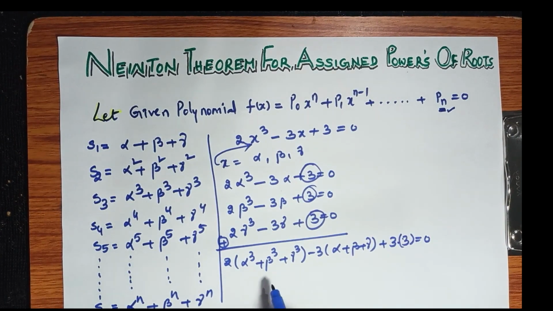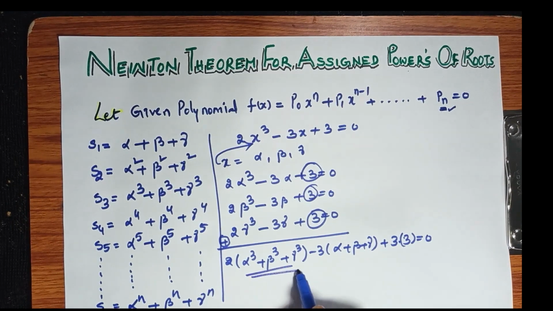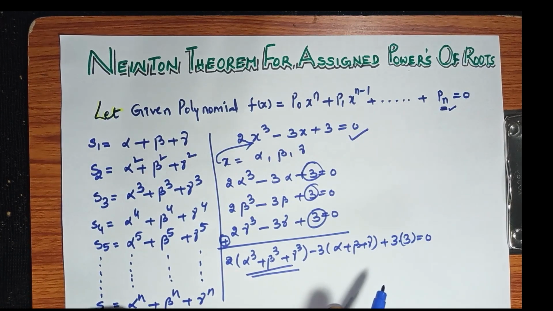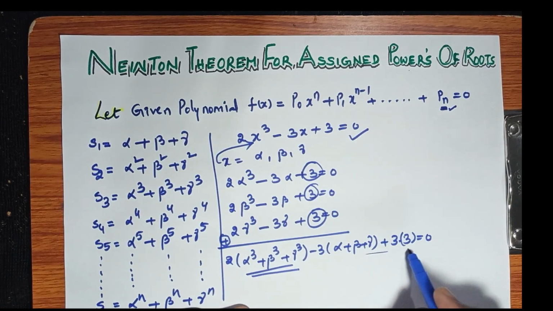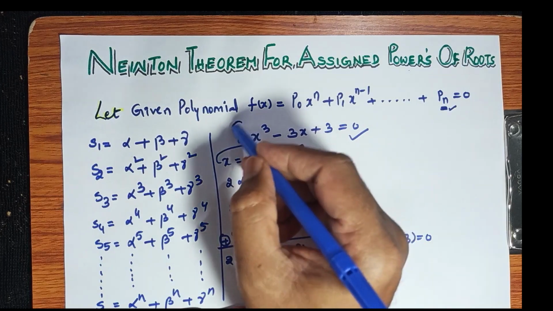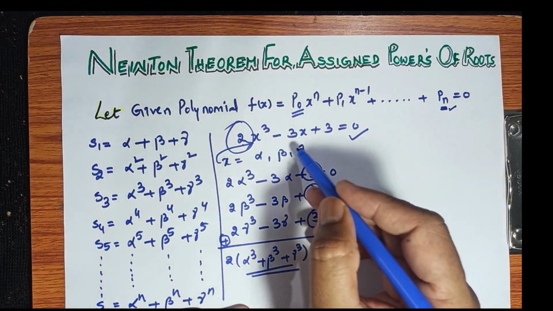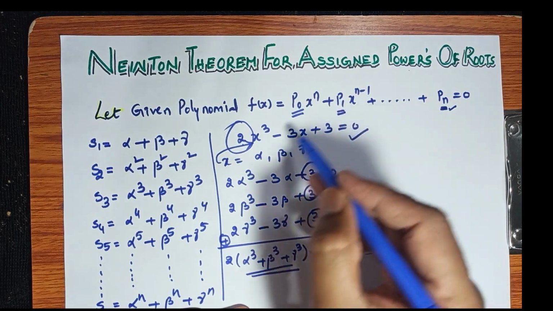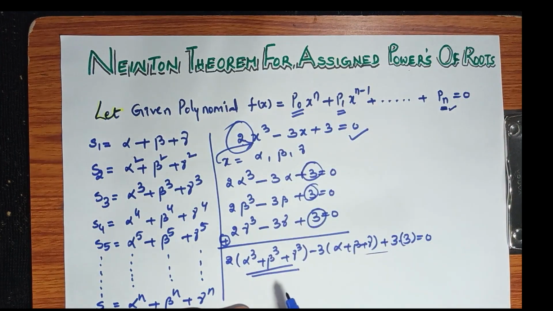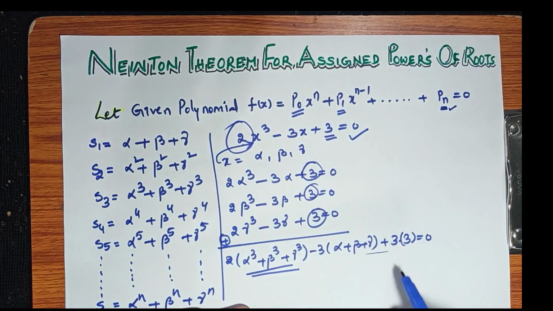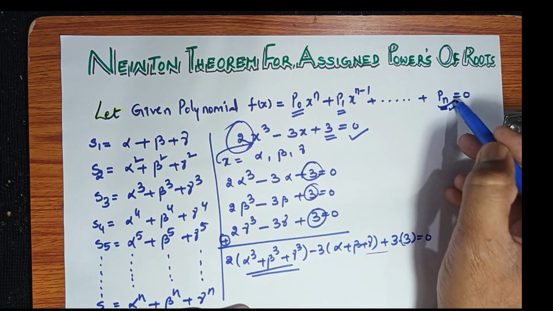So if you want to find it, we can find it by this polynomial. The solution is like this. This is the P0. Next, P1 is not there, the x square coefficient is not there. Next, P2 is there. And this is the Pn.